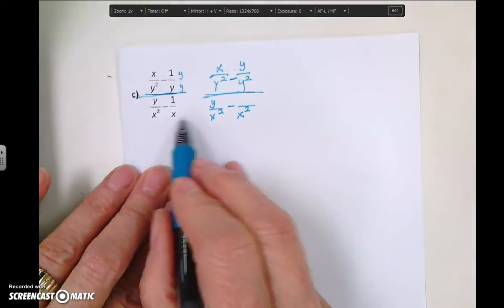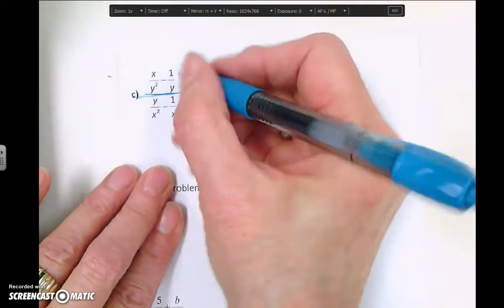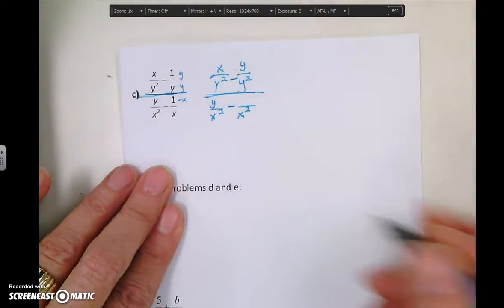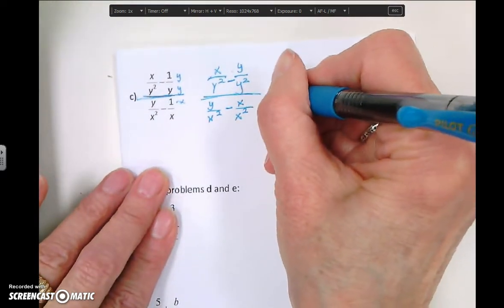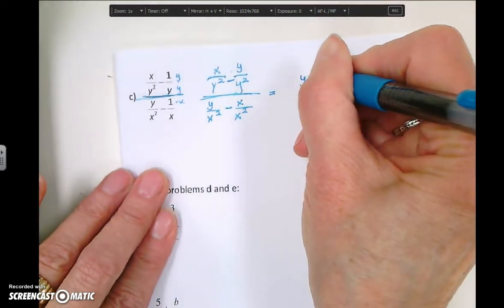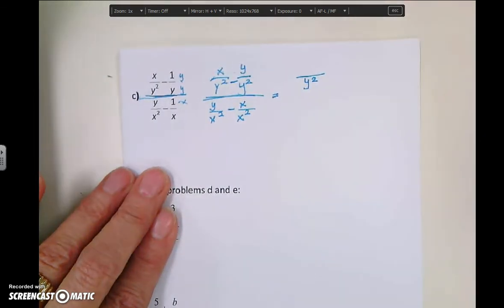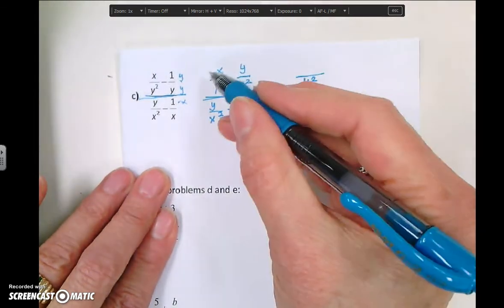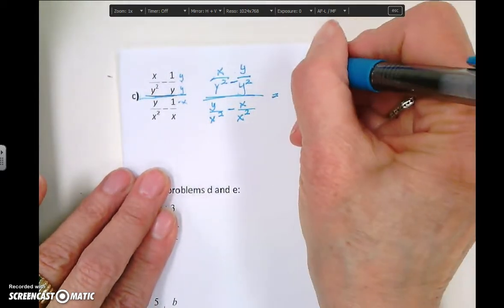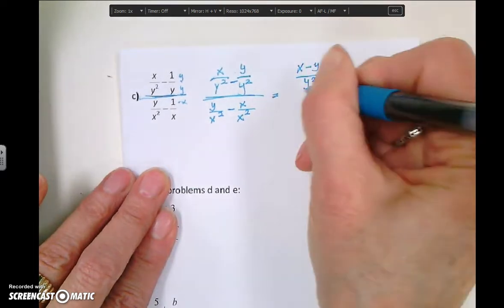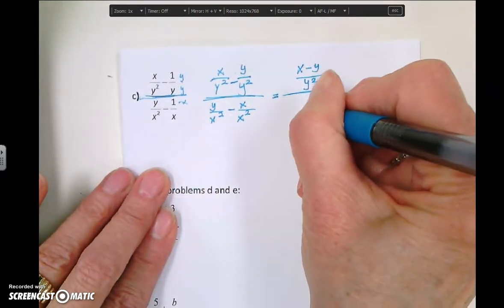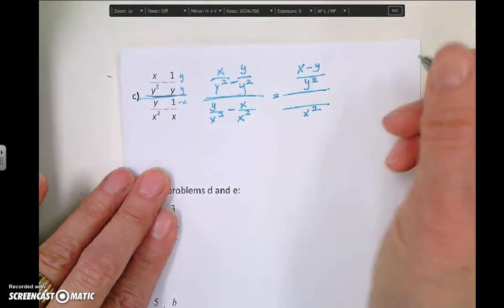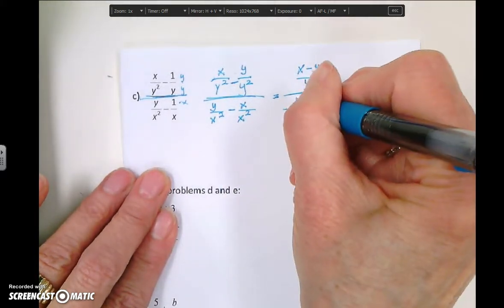And then I multiplied by x to get here, so I need to multiply this by x as well and get an x. Now I'm going to add my numerators together, keep that common denominator, and I have x minus y all divided by y squared, over y minus x in the numerator of the denominator, all over x squared.